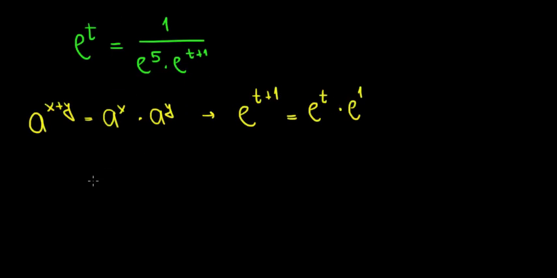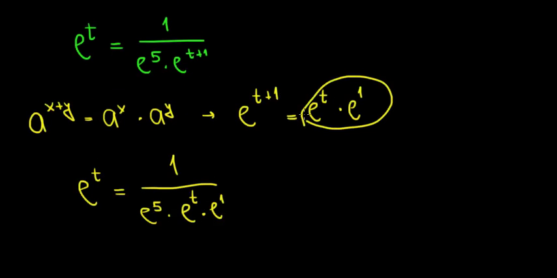So let's do that. If we write this equation again, we have e to the power of t equals 1 divided by e to the power 5 times e to the power t times e to the power 1. So we literally substituted this into this term.